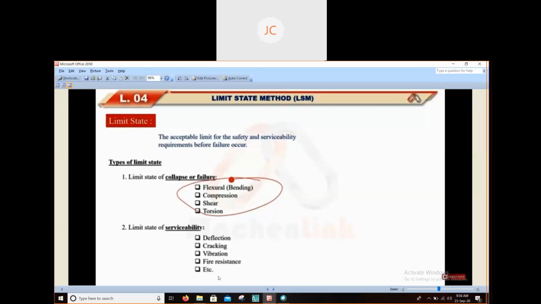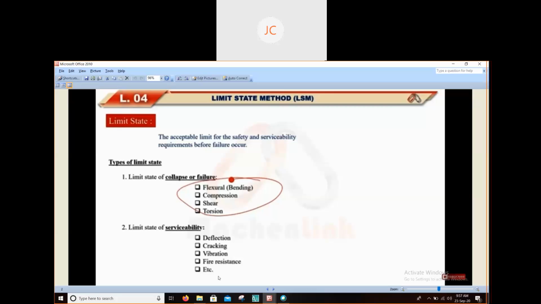It must be safe against torsion, deflection, cracking, vibration, and fire resistance also. Then only you can say that our building is completely safe. In engineering language, after checking all these things, only then can you say that our building is safe.